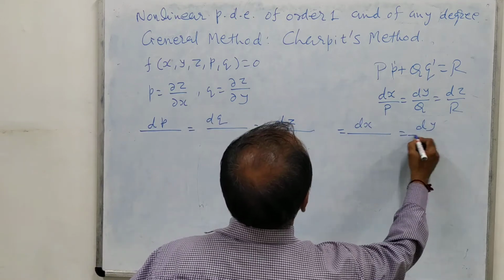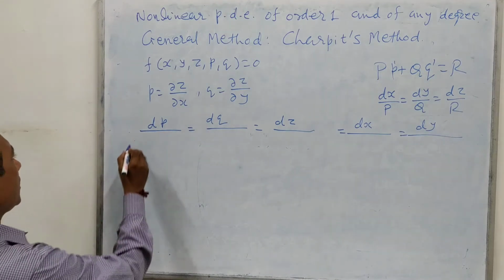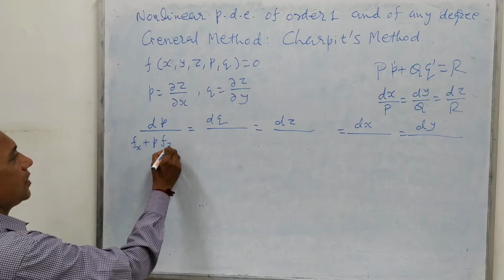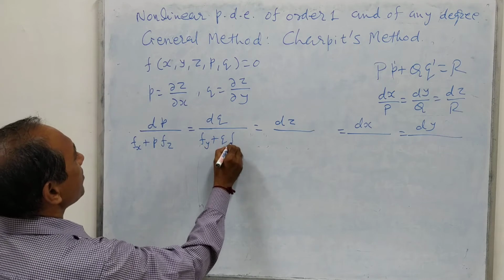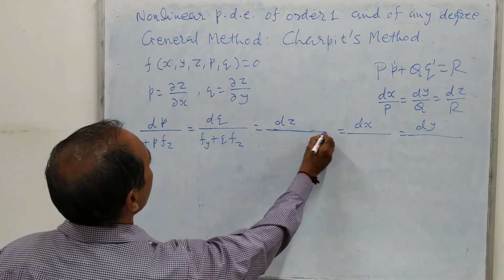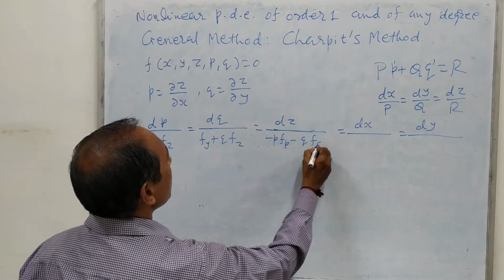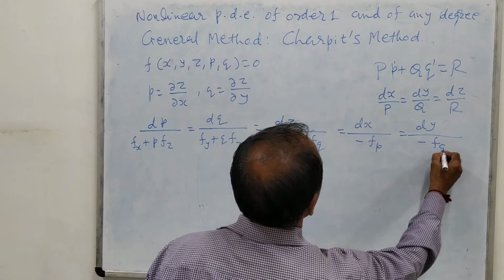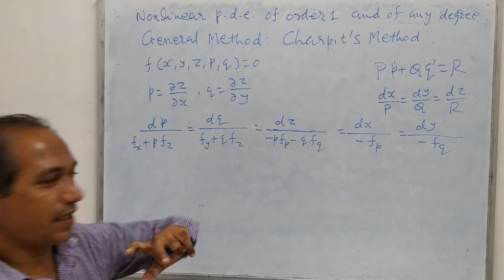So you will have to remember these things. Here dp upon f of x plus p f z, dq upon f of y plus q f z, dz upon minus p f p minus q f q, and dx upon minus f p, dy upon minus f q. So you will have to remember this auxiliary format.